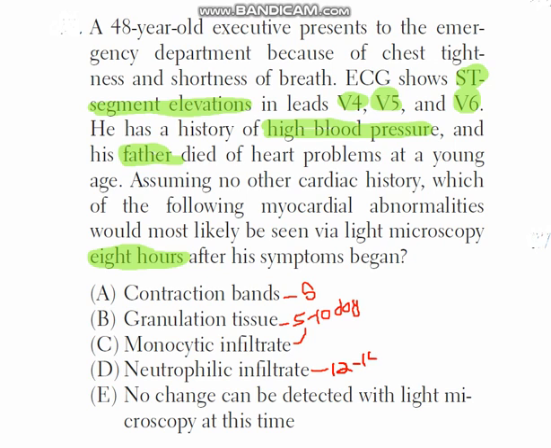That's why the first 12 hours are very important for a patient suffering from cardiac infarction. No changes can be seen within 2 to 4 hours. Within 2 to 4 hours we cannot see any change. Okay, thank you.